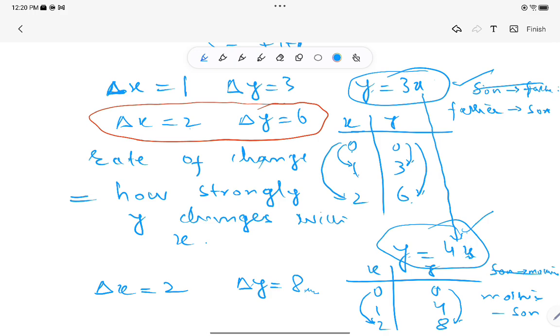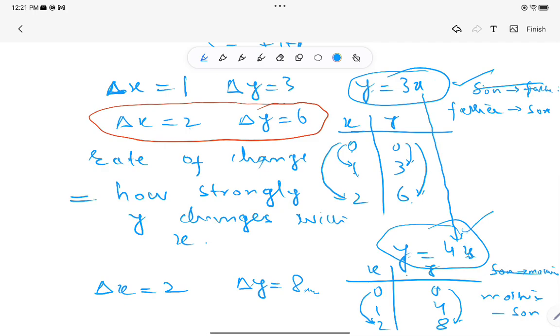We let x change by the same amount, and then see by how much amount y changes. The relation in which y changes more, that relation is stronger. As we found in case of these two relations, this is a stronger dependence than this.